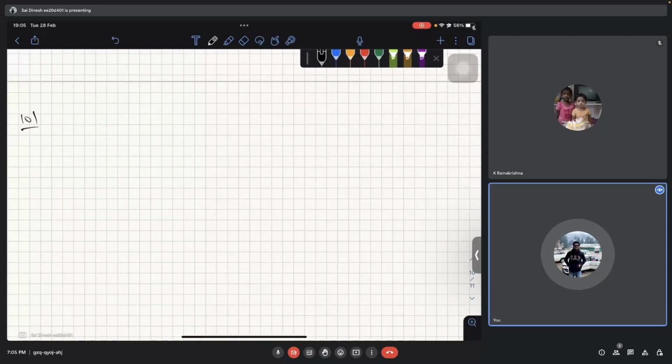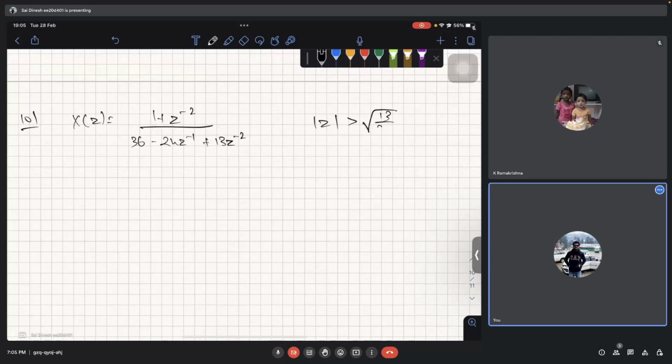Identify the properties that apply to the sequence whose z transform X of z is 1 plus z power minus 2 by 36 minus 24 z inverse plus 13 z power minus 2. And you also said that mod z is greater than root 13 by 36.